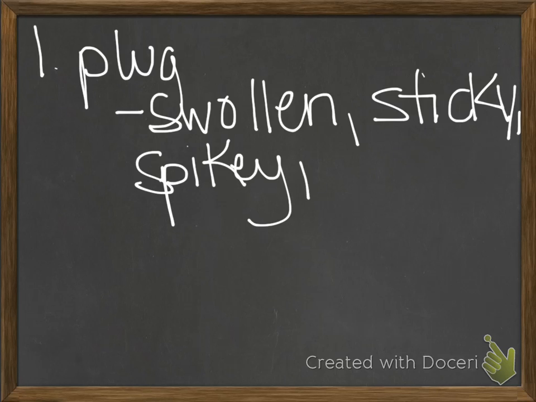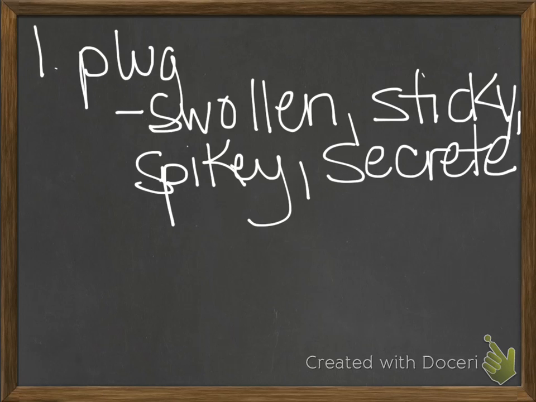And they also start to secrete things. Alright, and that's how that initial clot is formed. It's just to plug so that we don't bleed too much.